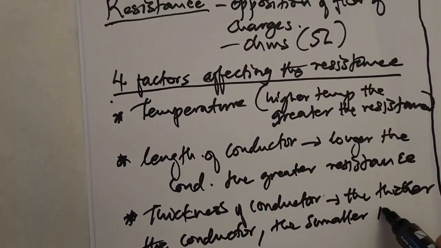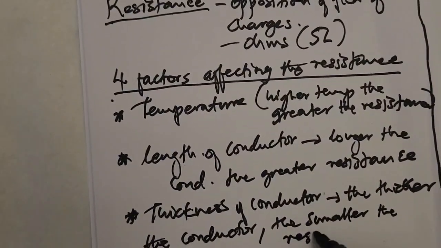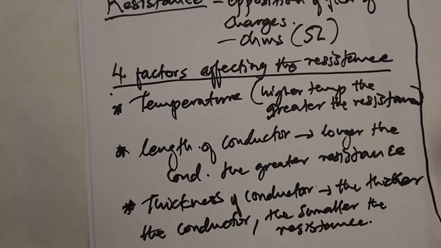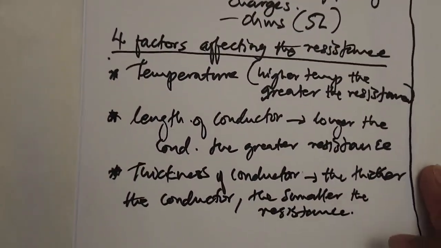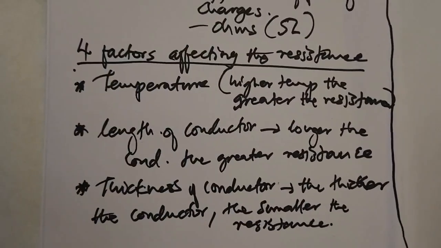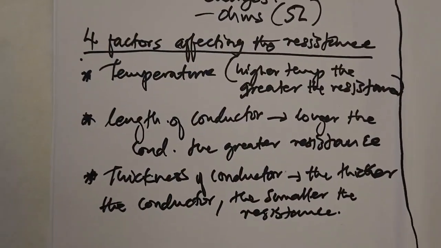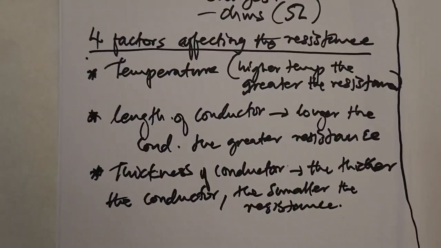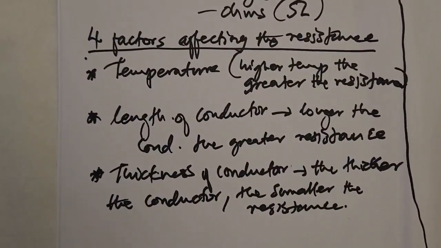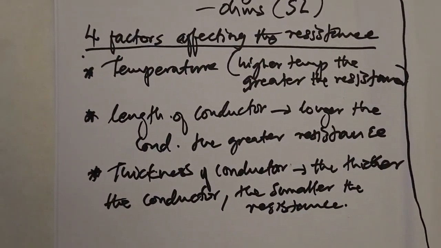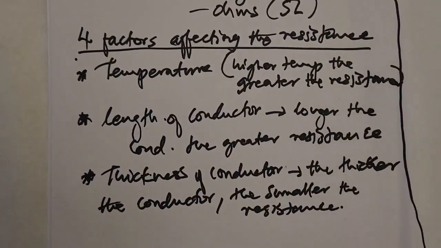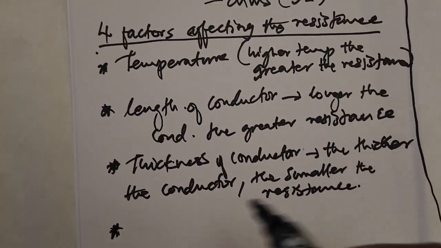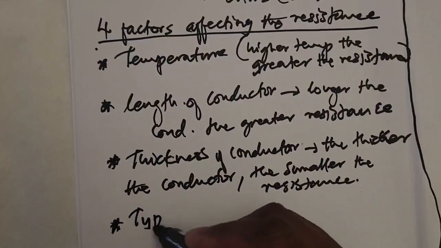We normally associate current with the way water flows. Where the pipe diameter is very small, the water will find it difficult to go through. But once the diameter is bigger, the water will flow with ease, and it's the same with resistance. The last one is the type of material used.